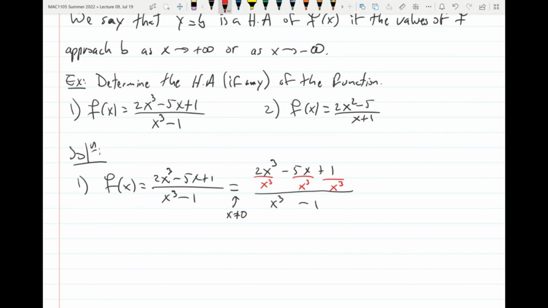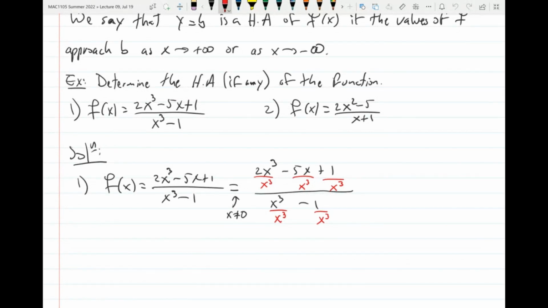Then we have here x cubed minus 1. When you divide top and bottom, you're not really changing the function away from 0. Okay, so now let's simplify. Any other term whose degree is less than the highest one, which is cubed, will have an x surviving in the bottom.